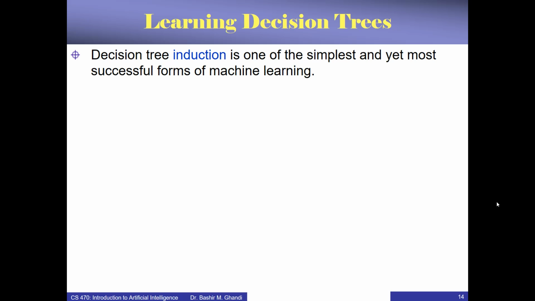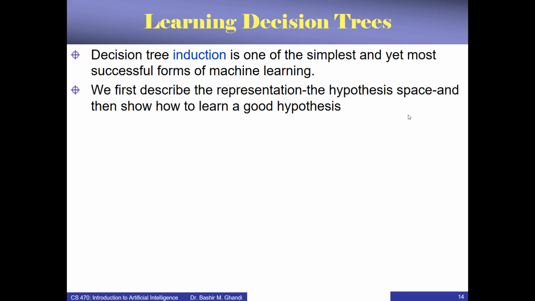Decision tree induction, which means learning from examples using decision trees, is one of the simplest and yet most successful forms of machine learning. We're going to first describe the representation, the hypothesis space, and then show how to learn a good hypothesis.